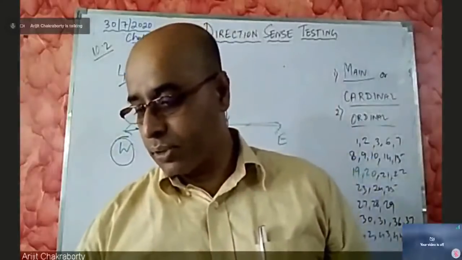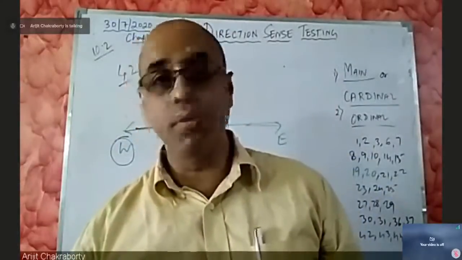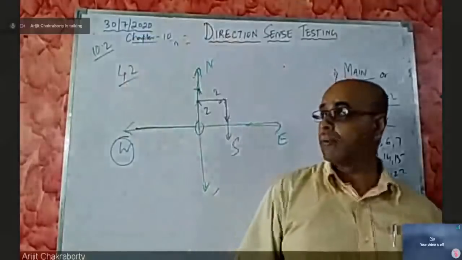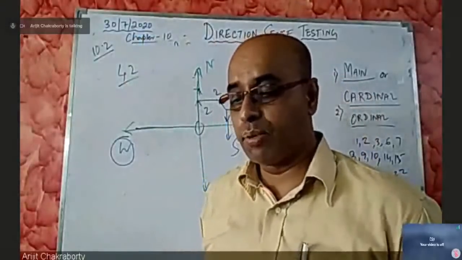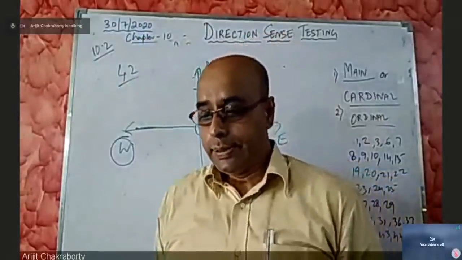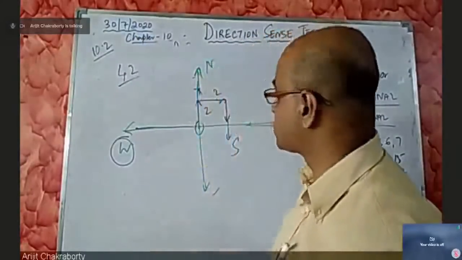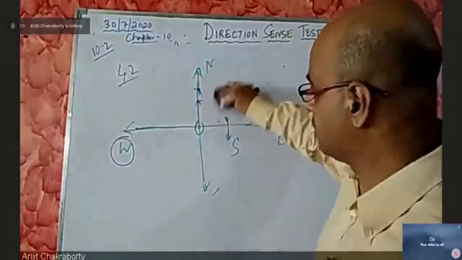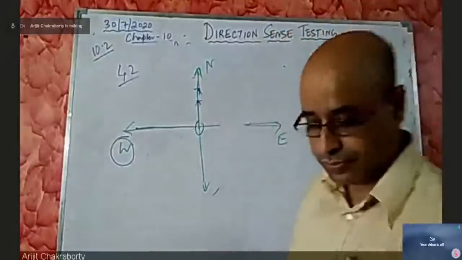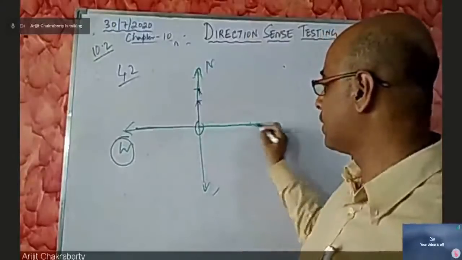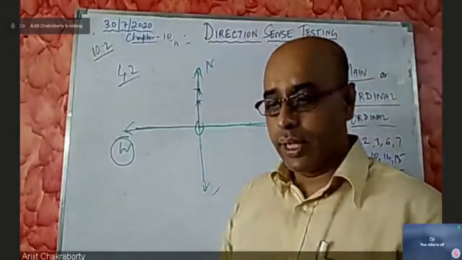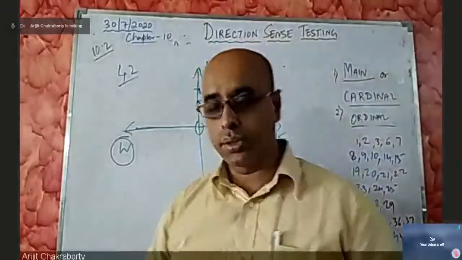We now proceed to the last few problems before we take the MTP. So I am now considering problem number 52. Let's see what 52 has to say. A starts walking towards north.